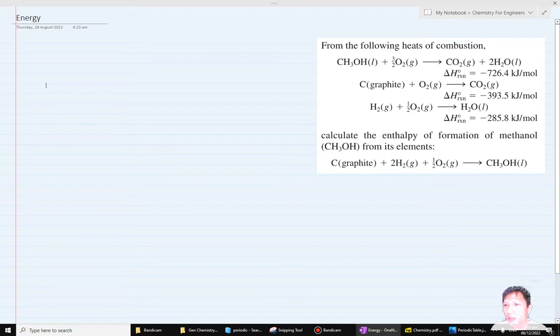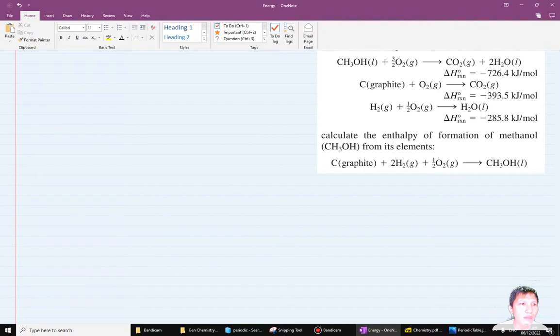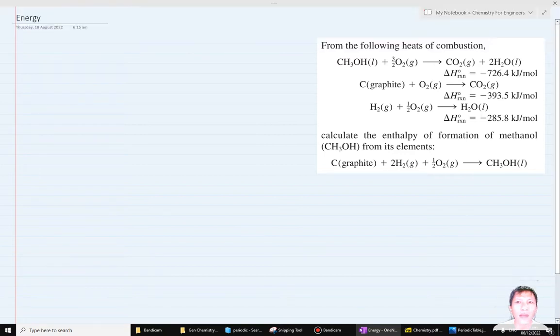So this one should be reversed, meaning it should be written, maybe I can try a red pen, so I will invert that one.